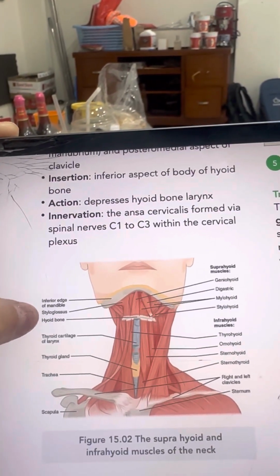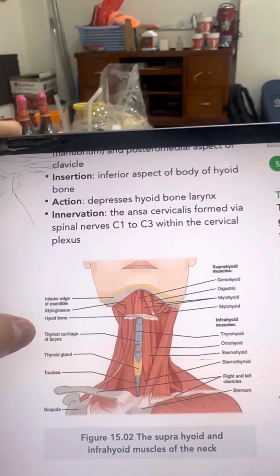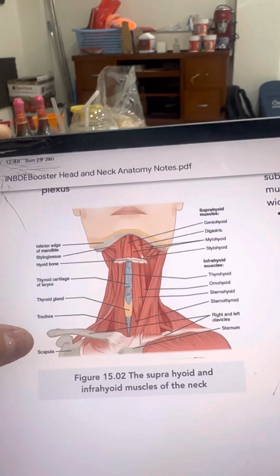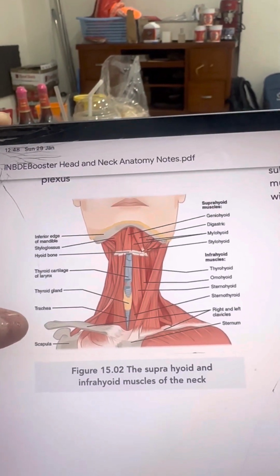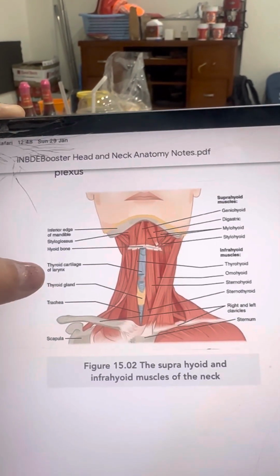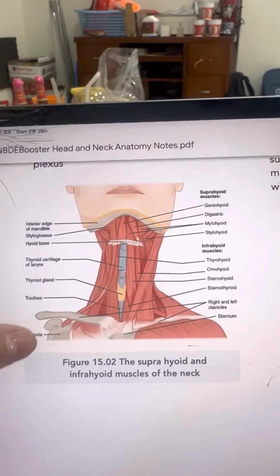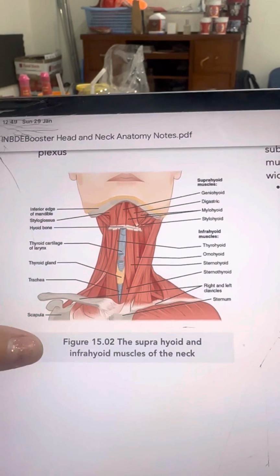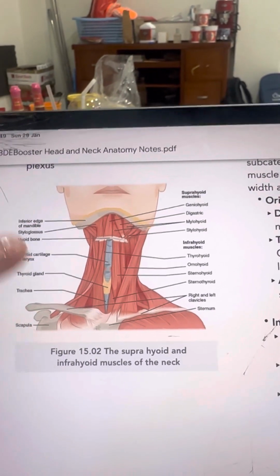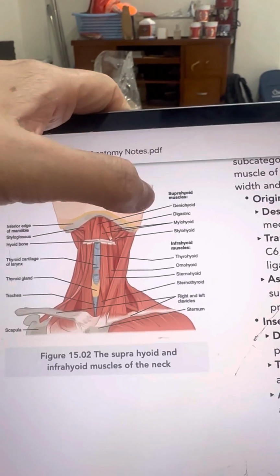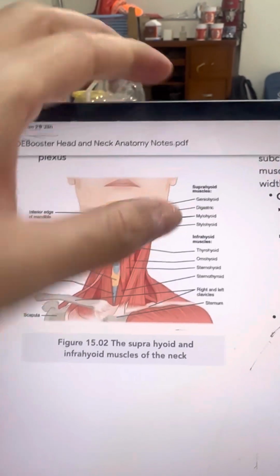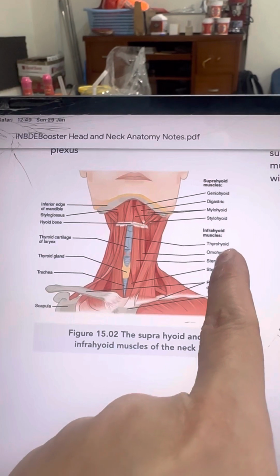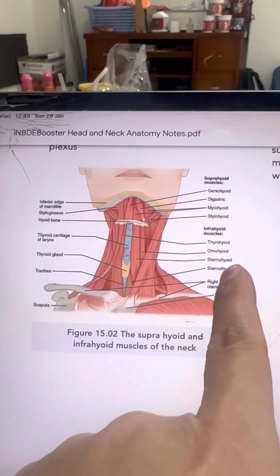Inferior edge of mandible, styloid process, hyoid bone, thyroid cartilage, the larynx, thyroid gland, trachea, scapula. The suprahyoid and infrahyoid muscles of the neck. Suprahyoid: geniohyoid, digastric, mylohyoid, stylohyoid. Infrahyoid: thyrohyoid, omohyoid, sternothyroid, sternohyoid.